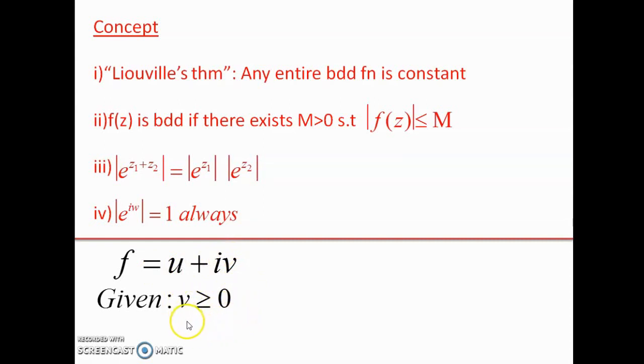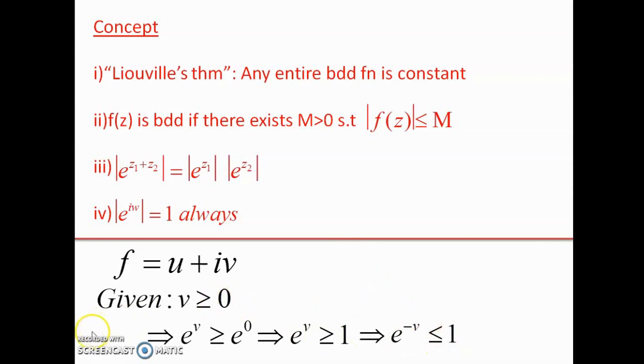Now I am taking e power on both sides, that is e power v is greater than or equal to e power 0. You know e power 0 is equal to 1. So this implies e power v is greater than or equal to 1. Taking the inverse, the inequality becomes e power minus v less than or equal to 1.